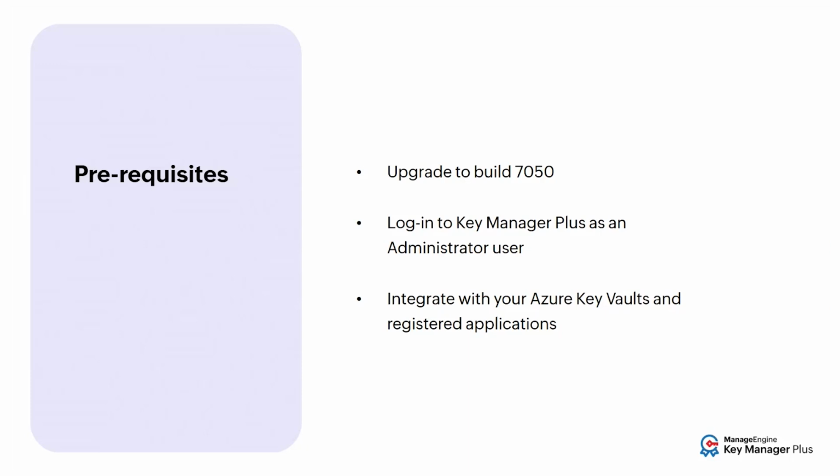And finally, subscription level visibility for the resource discovery. The values that Key Manager Plus would require are the subscription ID and the identities from the app registration that you create for Key Manager Plus. With these requirements clearly defined, we will now proceed to the demonstration of the product.